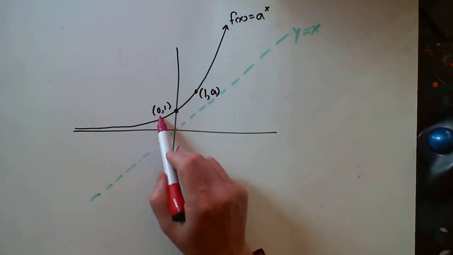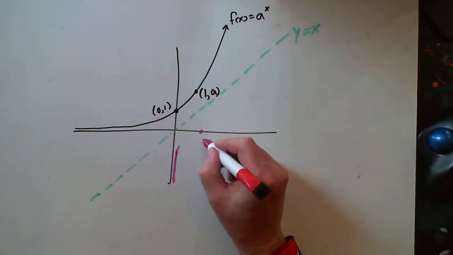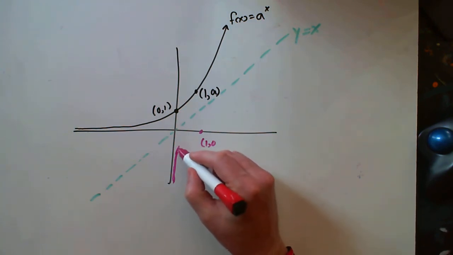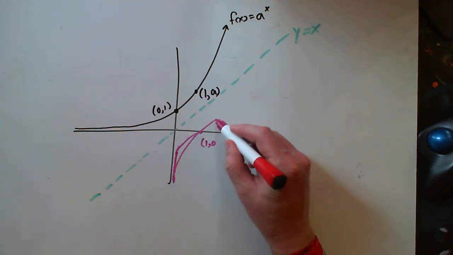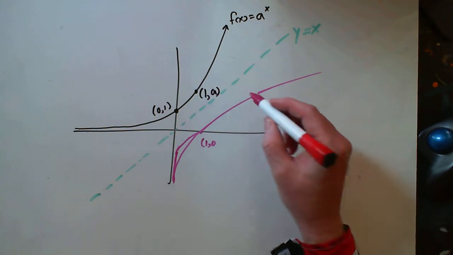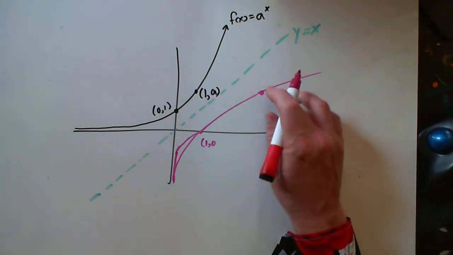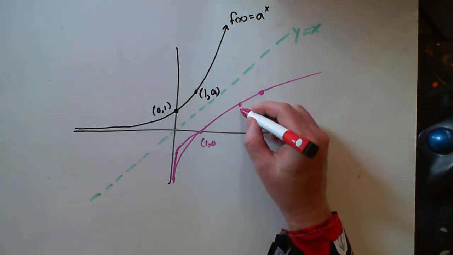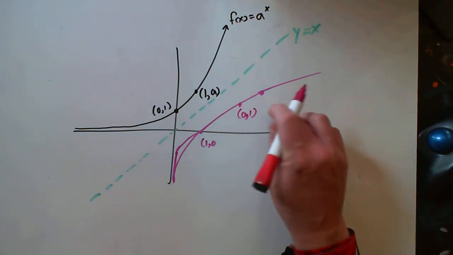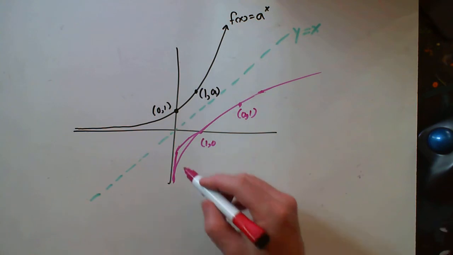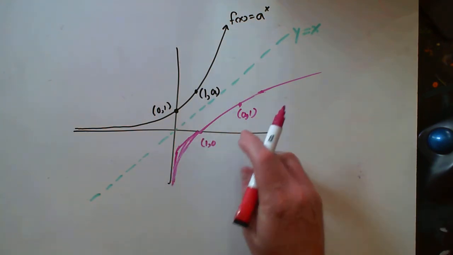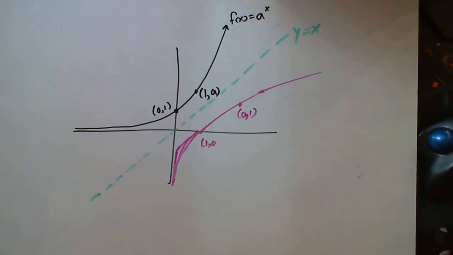I had the point (0, 1), now I have the point (1, 0). I had the point (1, a), now I've got the point (a, 1). Notice this looks just like that does, only mirrored about the line y equals x.